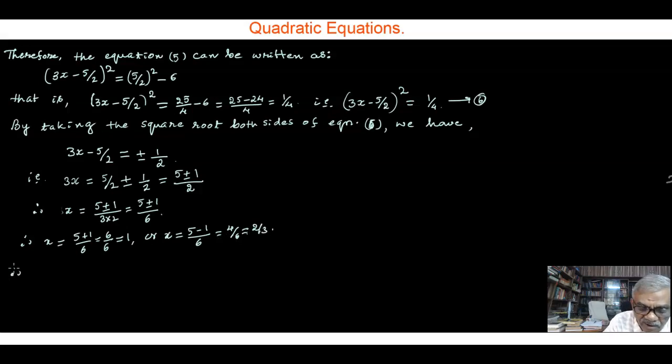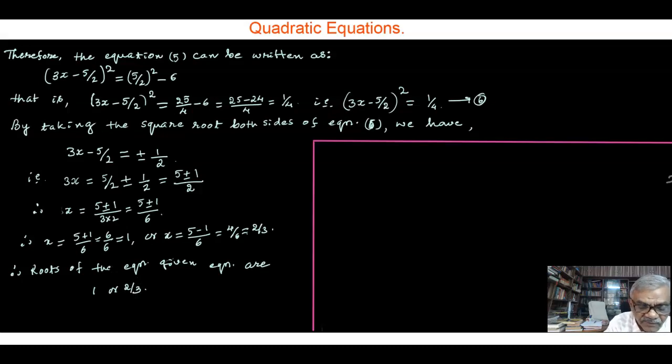Therefore the roots of the given equation are 1 or 2 by 3.